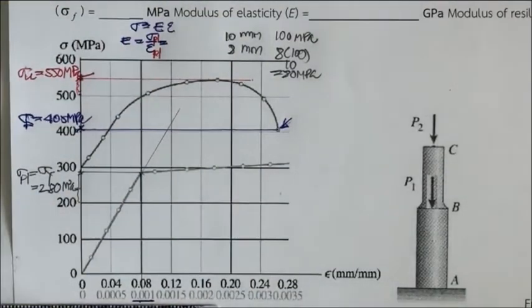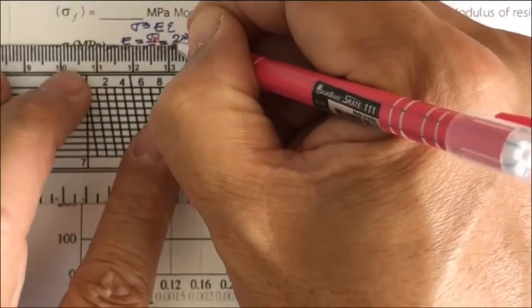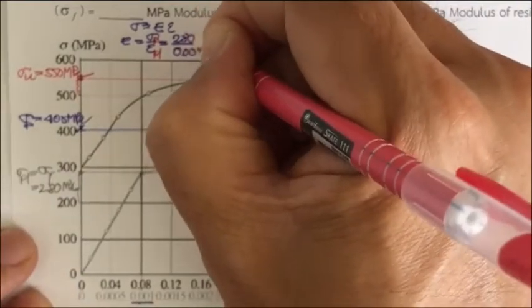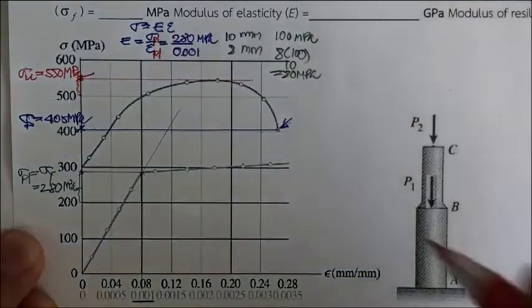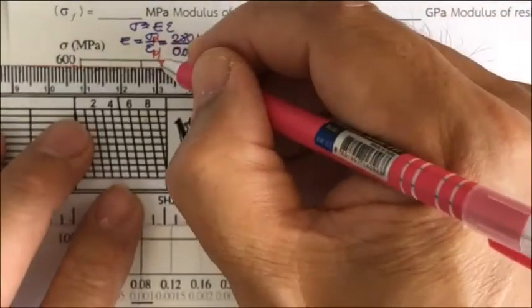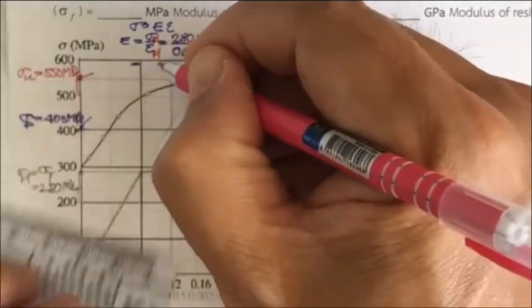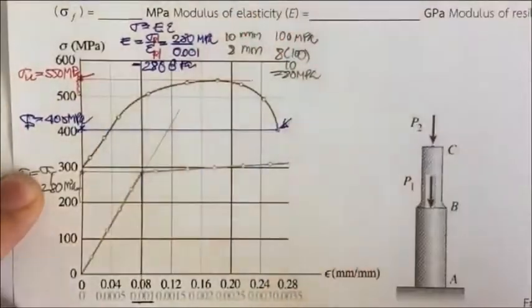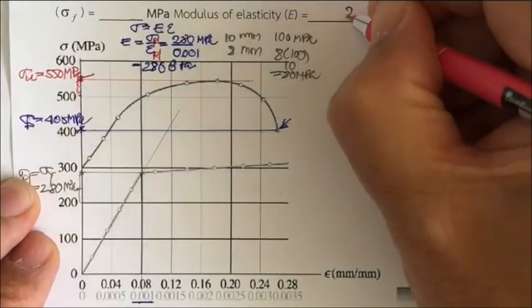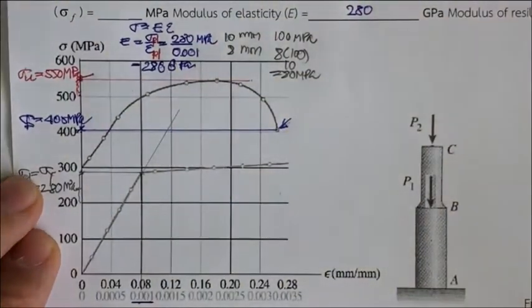Then you may get 280 divided by 0.001, and you get this to be 280 gigapascal.